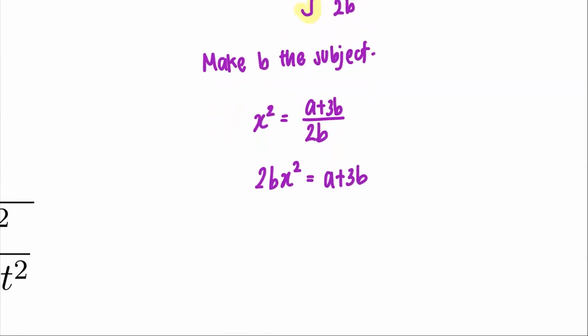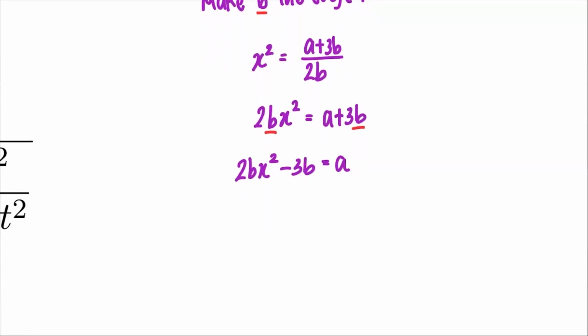After that, we need to identify which terms contain the one we want, which is b. In this case, there is one here and one here. So what we do, we throw whatever we want onto the left. So 2b x squared minus 3b equals a.